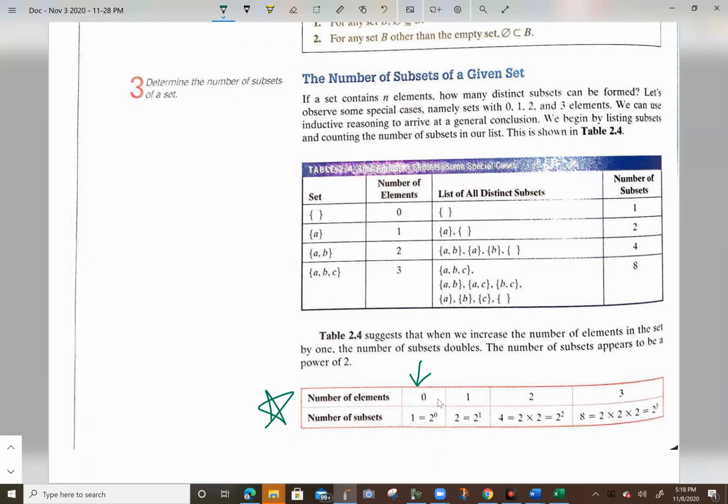So if there are 0 elements, there is 1 subset, the empty set. If you have 1 element, you have 2 subsets. If you have 2 elements, then you have 4 subsets.